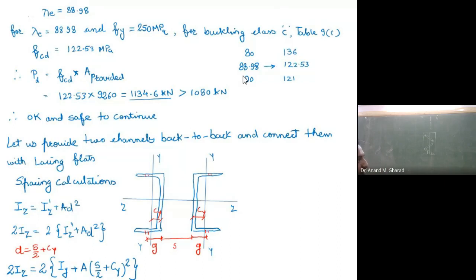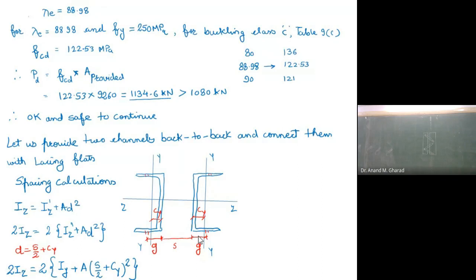Then let us provide two channel sections back to back. जो first case है हमारा back to back connection. Okay, so how to place this? This is the position of the two channel sections which are to be placed back to back.